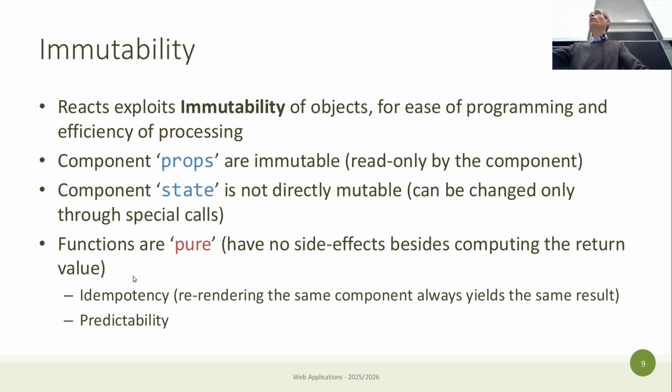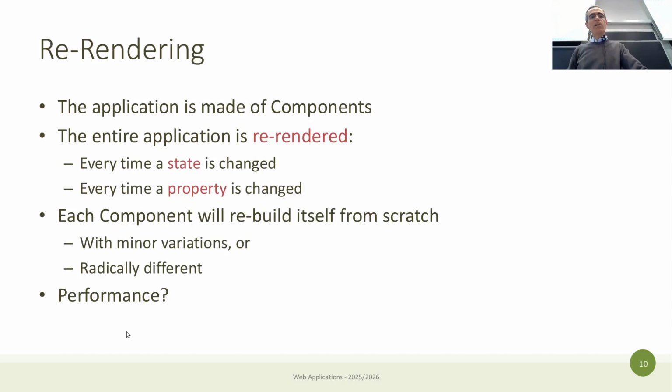So it means you call the function again, there are no hidden values stored somewhere or values taken from outside the function to compute the result. Otherwise, this property that you call the function and you always get the same fragment of user interface when you give the same props is broken, okay? Good, so they are predictable in a certain sense, okay.